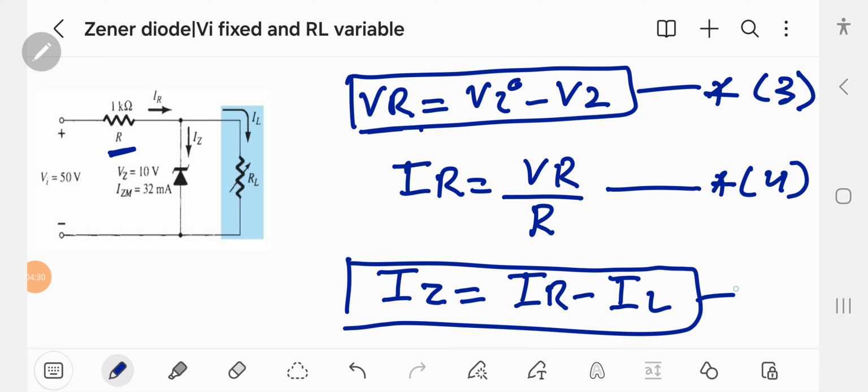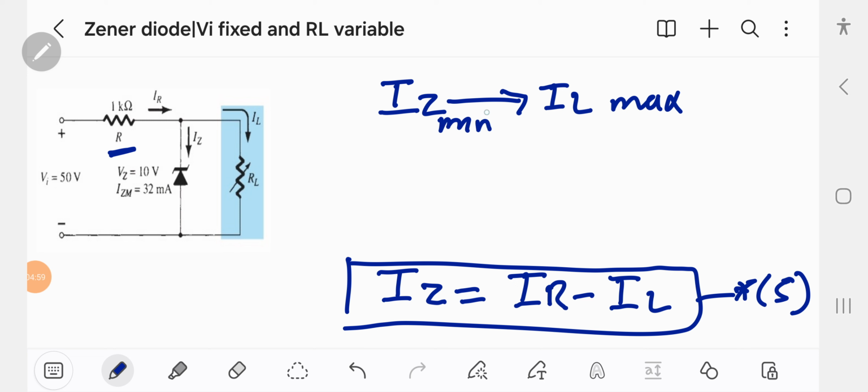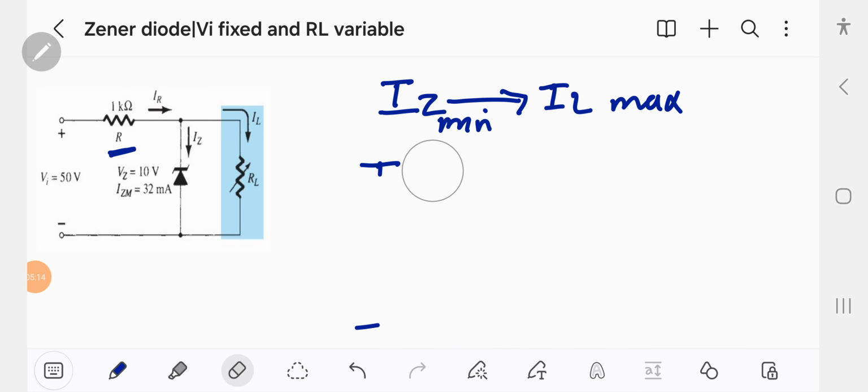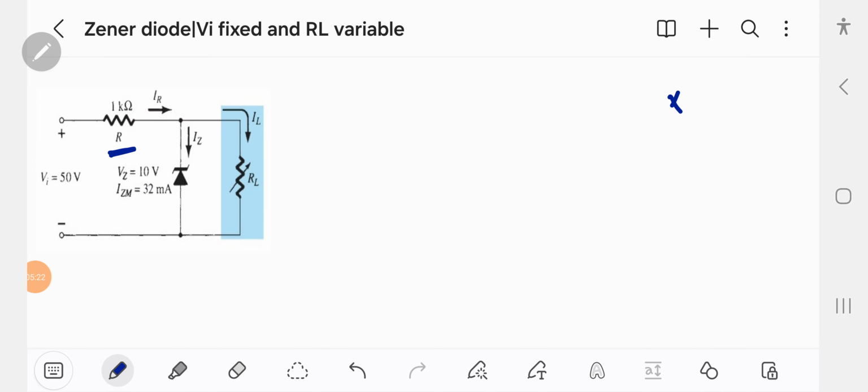Now let me tell you one thing, that for minimum IZ, IL is maximum, and when IL is minimum, IZ is maximum. But in normal, what happens?